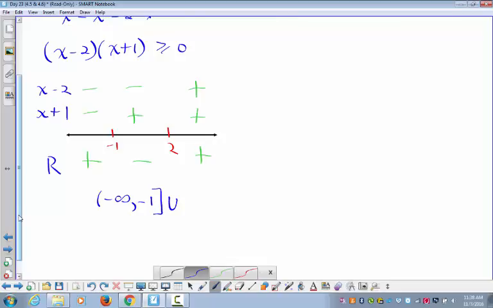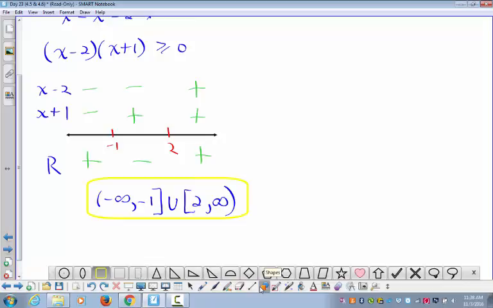And then union 2 to infinity. And a bracket on 2 also to include it. So if we have a compound inequality, we have to consider those endpoints. Bracket is including. Parenthesis is excluding.